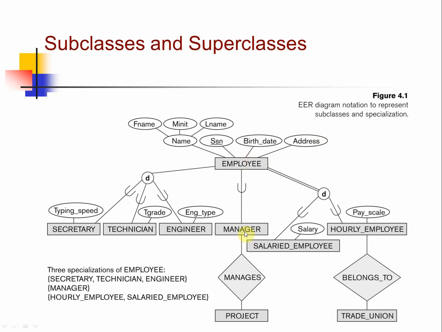If I'm asking what are the relationships involving manager, then the imaginary one, the department one, will count because manager will inherit that one, plus the one that comes with the local relationship, which is the manager's project here. So there will be 2 relationships involving manager, assuming that we have one imaginary relationship in this ER diagram.